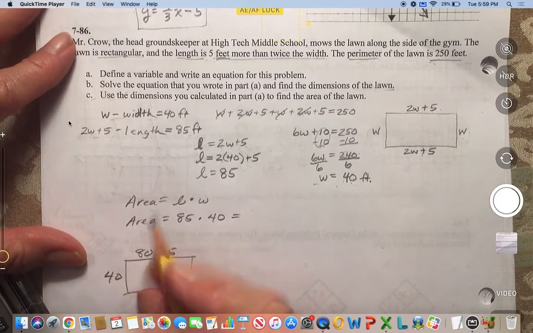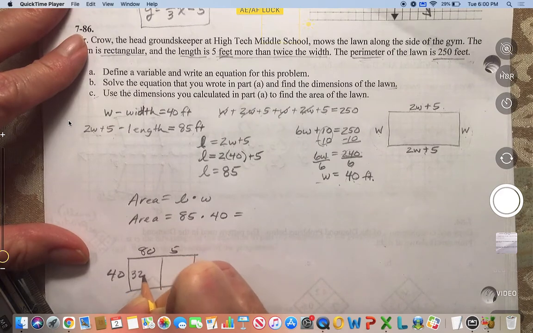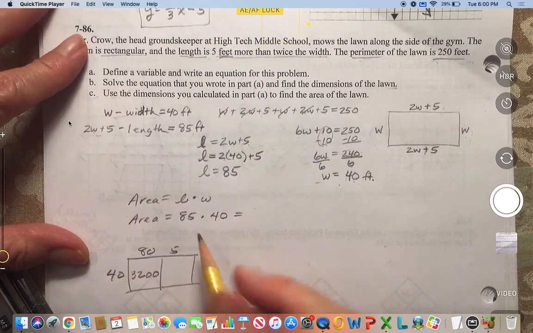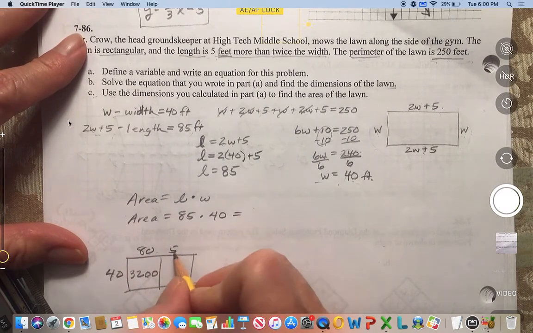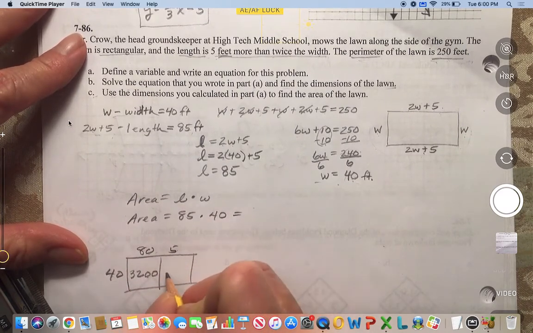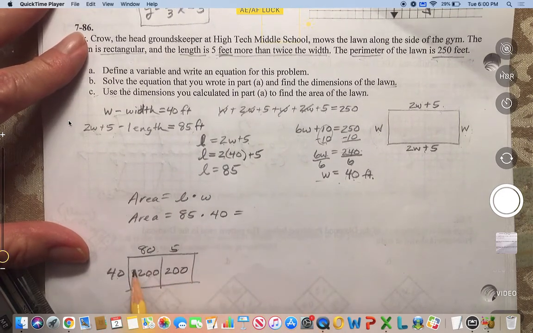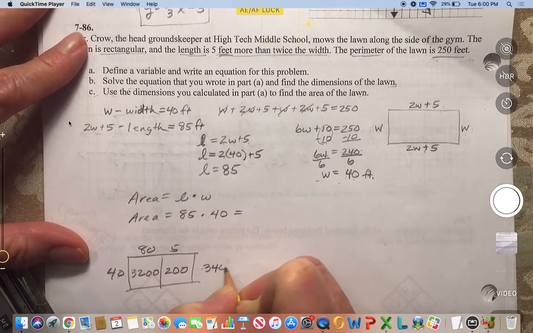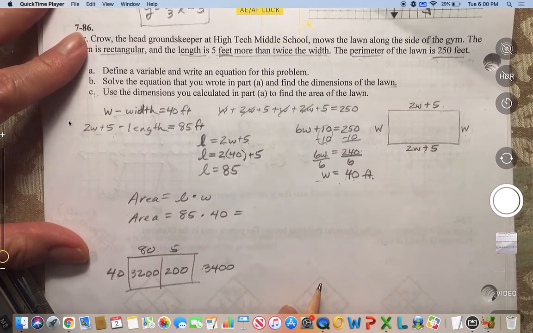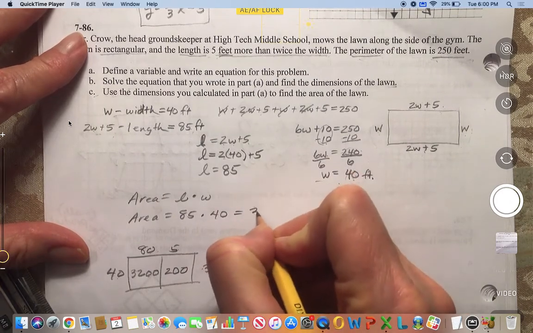So 40 times 80, that's 3,200. 2 zeros, 32 and 2 zeros. And then 5 times 4 is 20, and then we need to add another 0. Okay, if we add those two together, we find out this is 3,400.